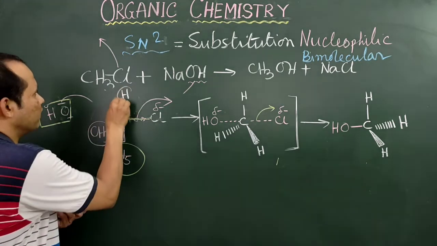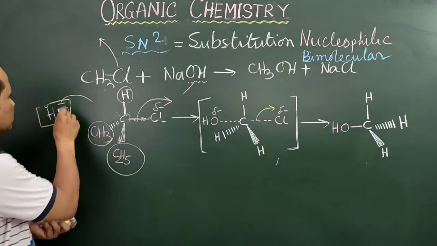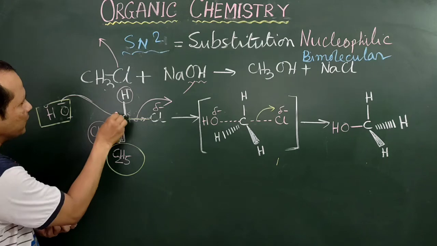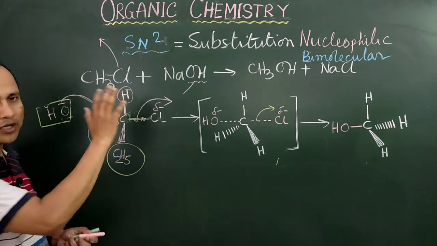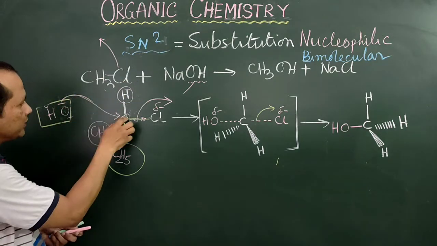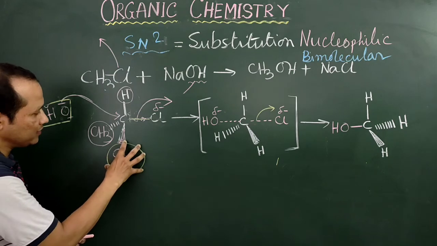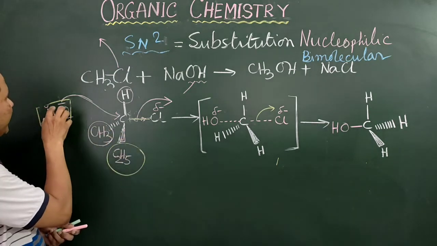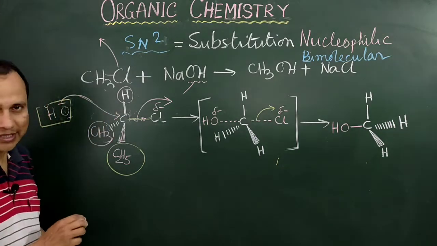Now this has some volume, this has greater volume, this has greatest volume here. So when this will approach towards this carbon, the volume of this will not affect this journey, but the larger volume of this and largest volume of this will restrict this one from approaching.